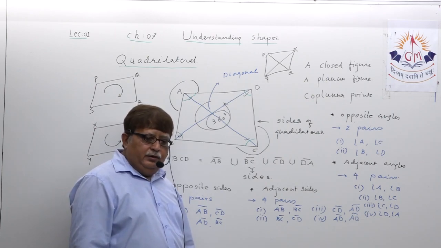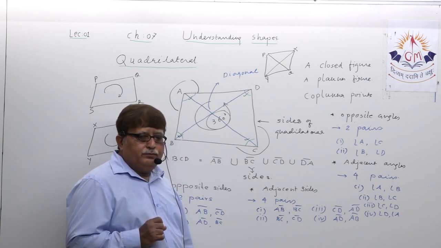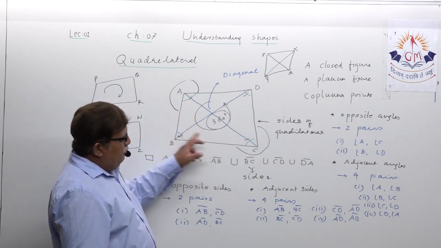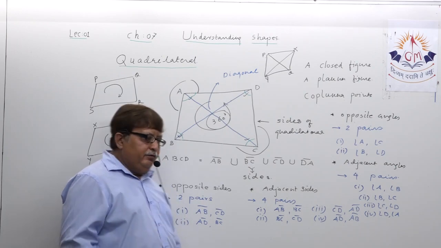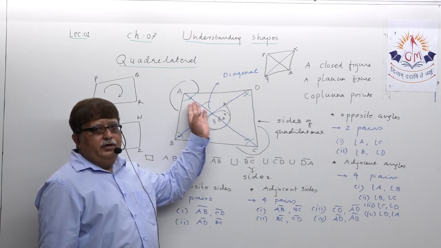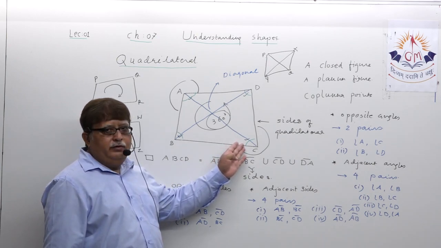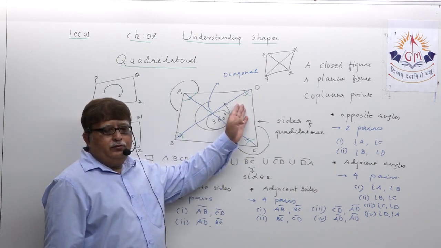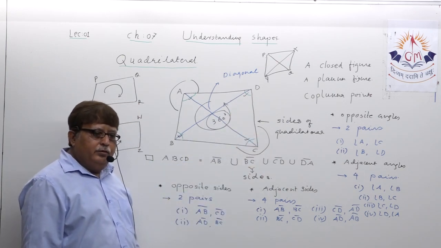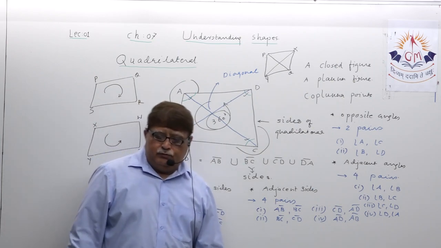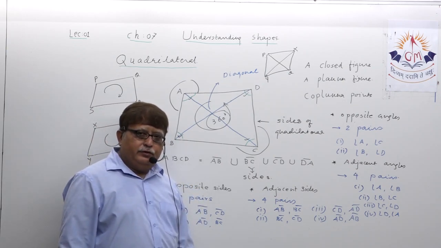To write it symbolically, measure angle A plus measure angle B plus measure angle C plus measure angle D equal to 360. The sum of all four angles of a quadrilateral is always 360 degrees.